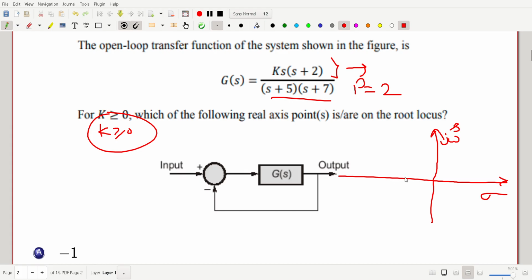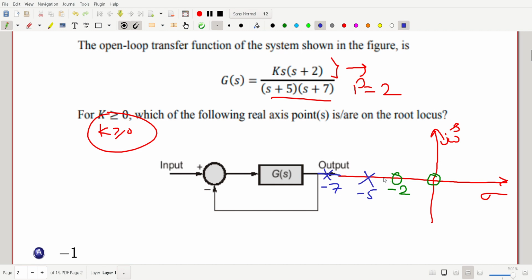Here we represent the zero with a circle at minus 2, and with crosses we represent the poles at minus 5 and minus 7.